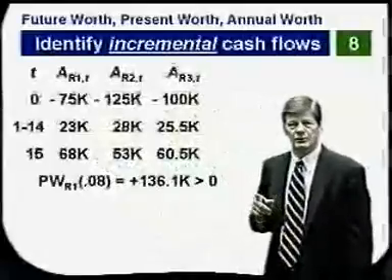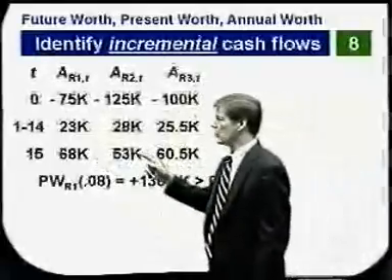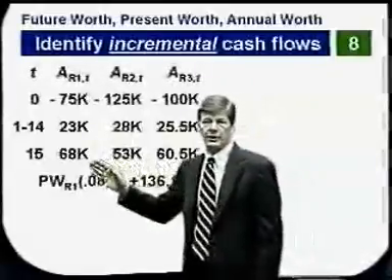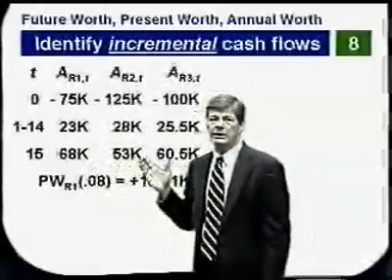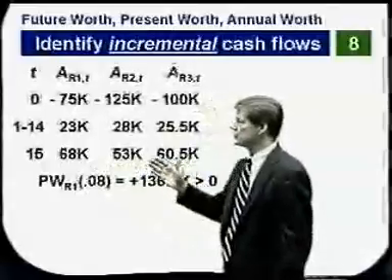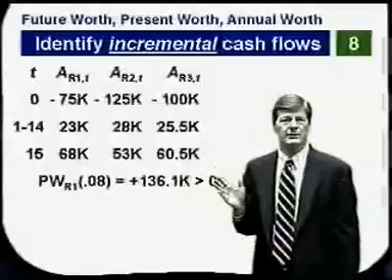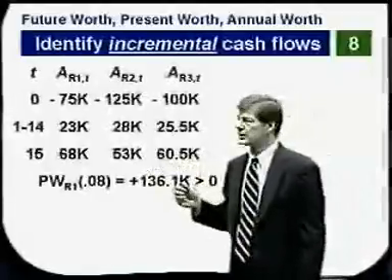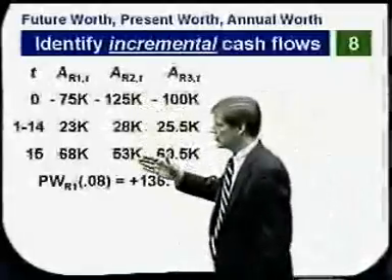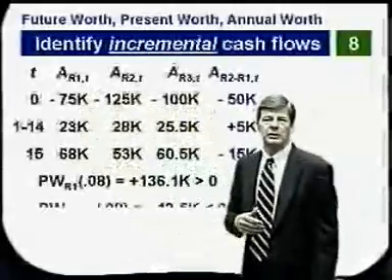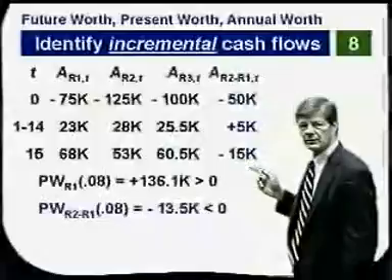Now what I want to do is determine whether or not Route 2 or Route 3 are better than Route 1. So again, I can pick either of these 2 to continue my analysis. It doesn't matter which one I pick next. Let's pick Route 2 and compare Route 2 to Route 1 and calculate its incremental cash flow stream, and it would look like this.